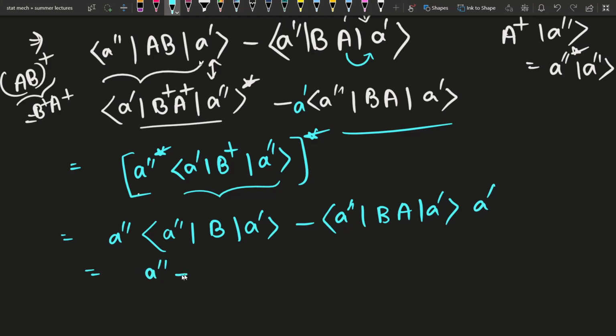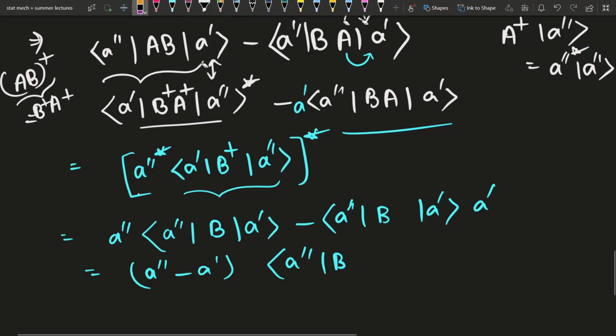So taking common, you can get things like this: A double prime B, and then sorry, there will not be A anymore, because A has already operated on this and given some eigenvalue A dash, and the operator and the eigenvector back. So this will give this.